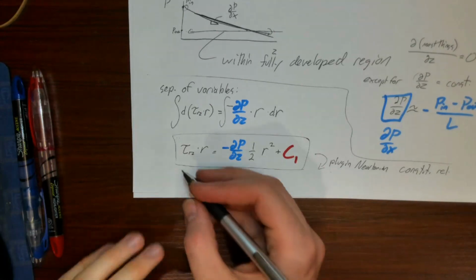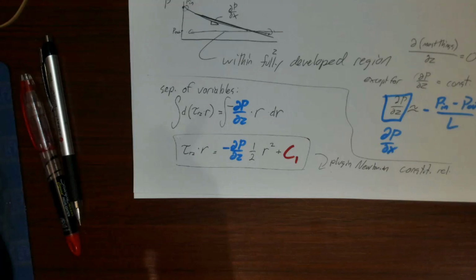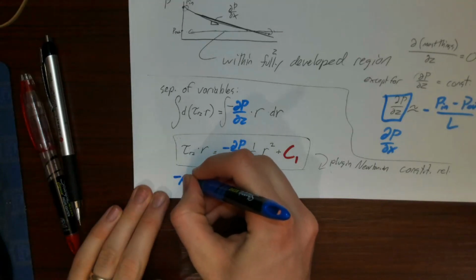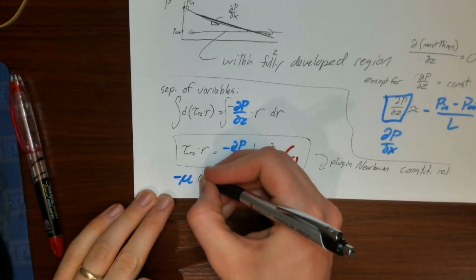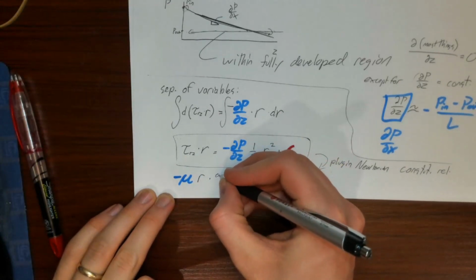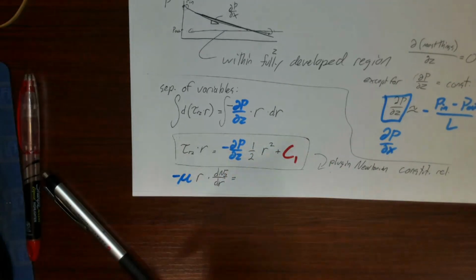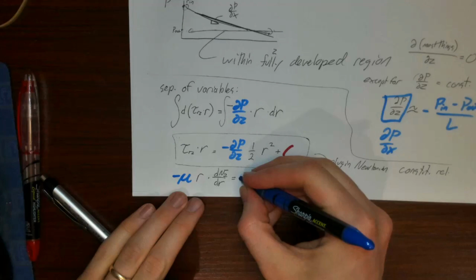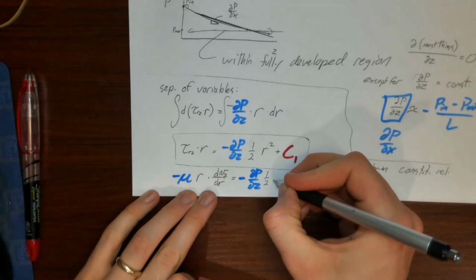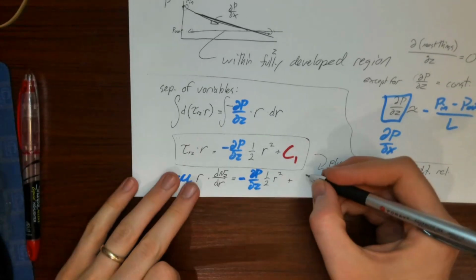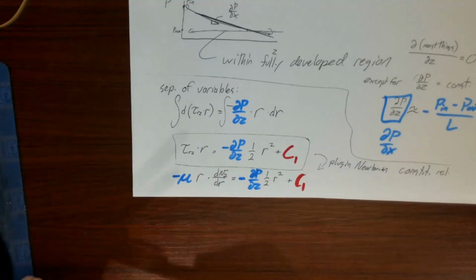And so that basically means that minus mu times r times dvz dr is going to be equal to minus dp dz times 1/2 r squared plus as of yet unknown C1.